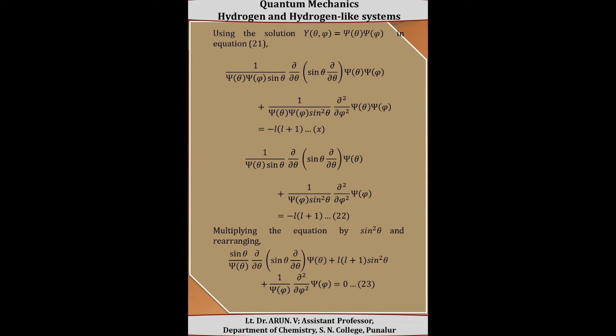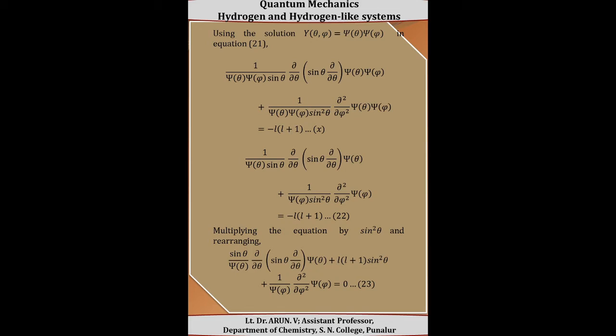By substituting this in equation 21, we get 1 by psi(theta) psi(phi) sin theta into del by del theta into sin theta del by del theta psi(theta) psi(phi) plus 1 by psi(theta) psi(phi) sin square theta into del square by del phi square into psi(theta) psi(phi), that is equal to minus L into L plus 1.